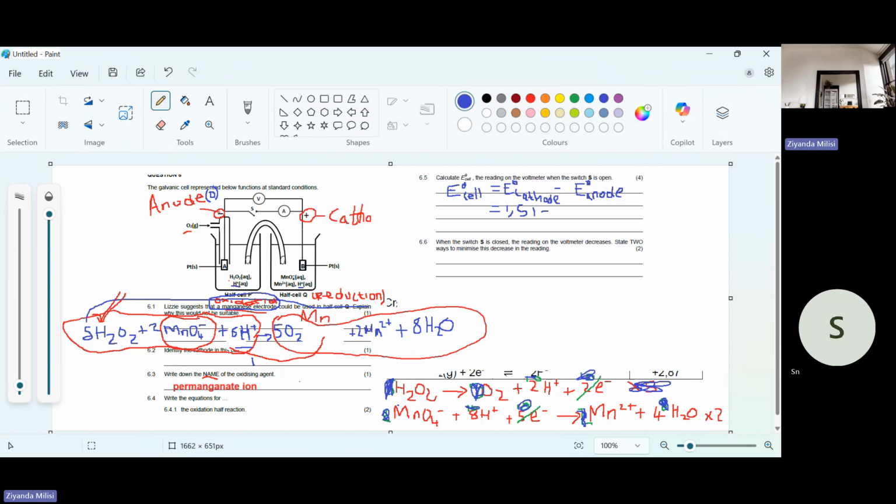The one with H2O2 and oxygen. What is its value? It's 0,68. Both of them are positive. So use the calculator. What is the answer? 1,51 minus 0,68. It's 0,83 volts.